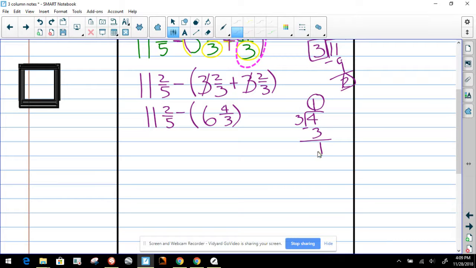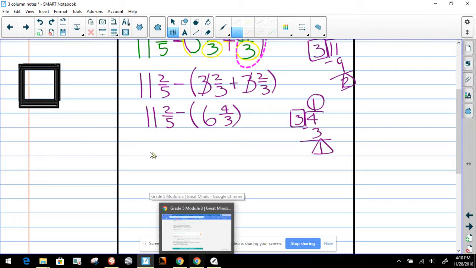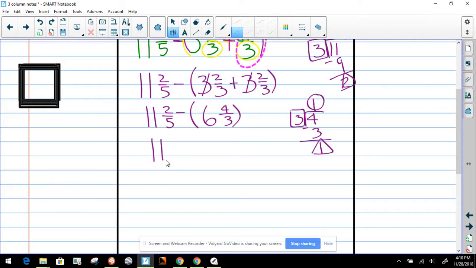So the answer is 1 and 1 third. So now I can do the subtraction: 11 and 2 fifths minus 7 and 1 third. And you would say, why? Well, because this right here was converted into 1 and 1 third. So when we added it to the 6, it became 7 and 1 third.